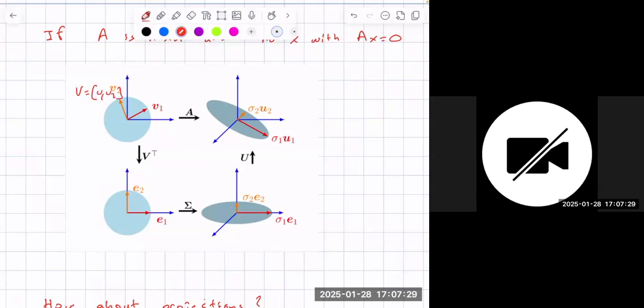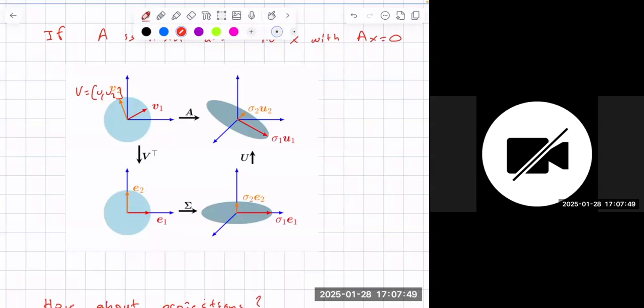And then you multiply this V with V transpose, you get identity. Then you do your singular value stuff, and you act with U, that's where you end up. So your matrix in this direction is doing the biggest change.